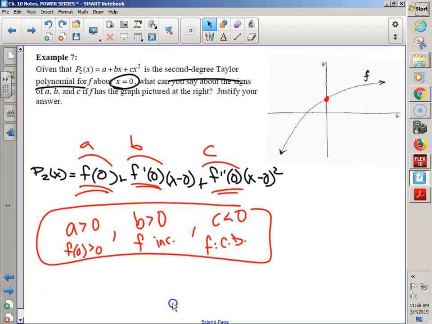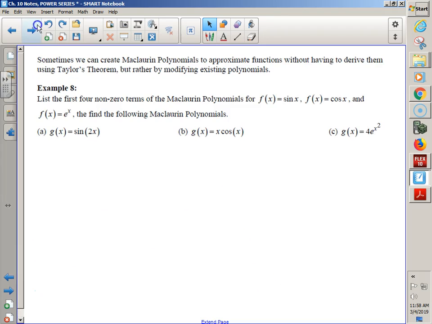So what's going on in homework? Oh, look, there's more play problems. Question, what do you think would be easier? Do you think it'd be easier to find the first derivative, second derivative, third derivative of 4 times e to the x squared?